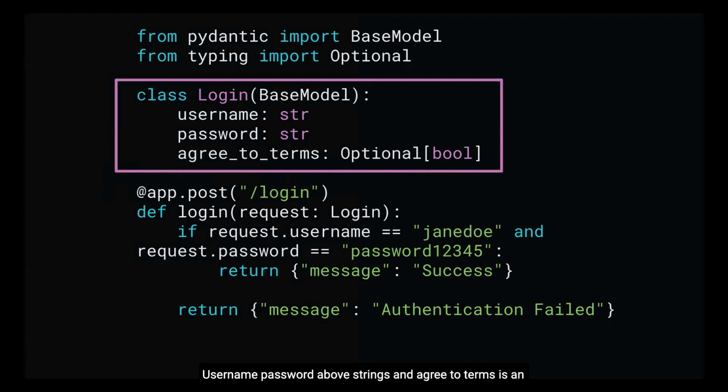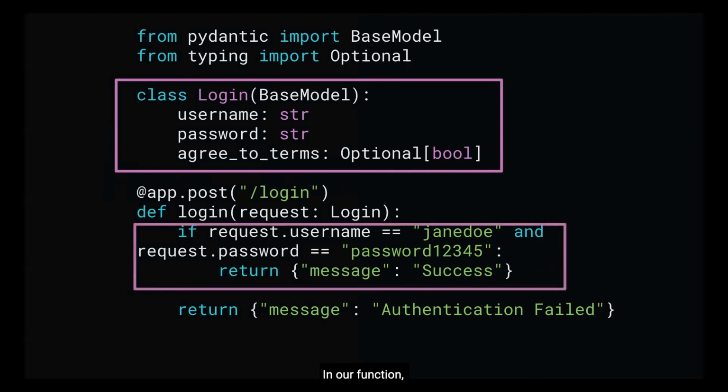Username and password are both strings, and agreed to terms is an optional Boolean. In our function, we check if username equals Jane Doe and password equals password12345. If it's successful, then it returns a message, success. If it fails, if the data is invalid, we fail it and the message of authentication failed gets returned.